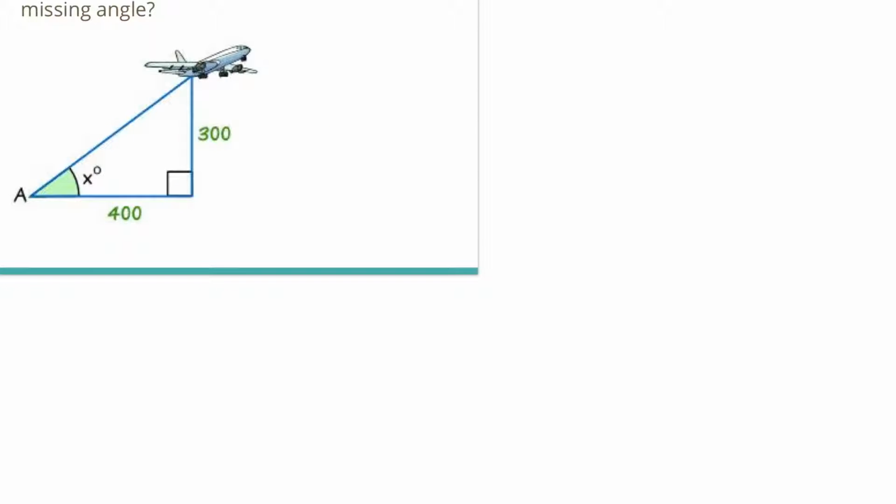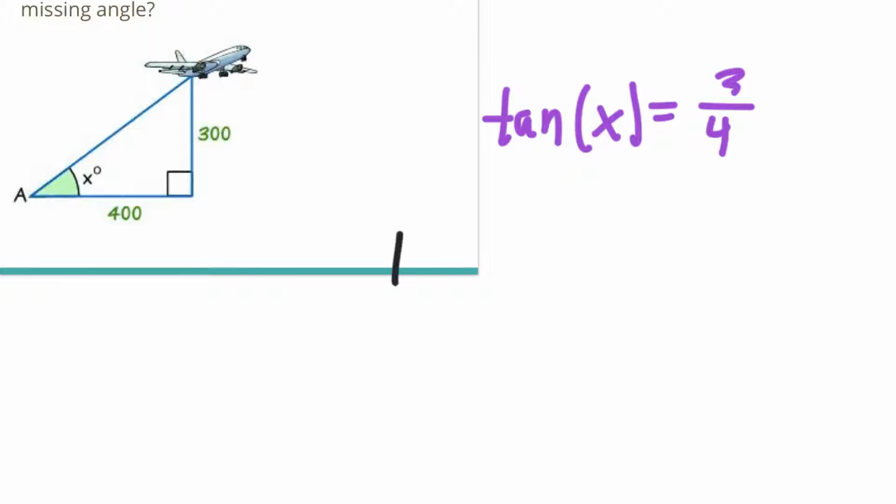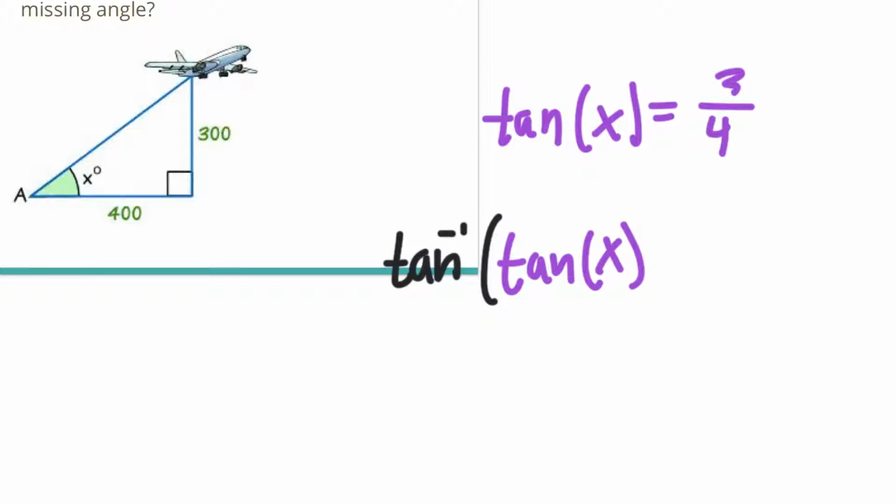Now, one last example before I let you move on. How can we find the measure of this missing angle? Same idea we did before. We know it's tangent, so tangent of x equals 3 over 4, because we already did this earlier today. So I'm going to say that the inverse tangent of tangent of x equals the inverse tangent of about 0.75.